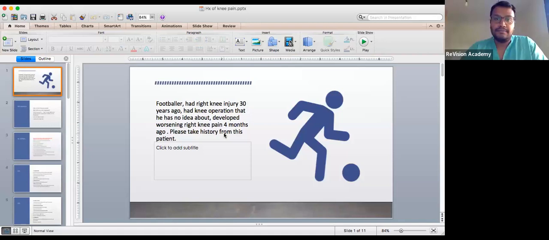I'll just be sharing the screen. Right, so we'll start with the history taking session first. Okay, so let me just share the screen and I'll start the time now. That's just 1 minute reading time. So I'll just share the screen first and then let me know if you can see the screen. All right, can you see the screen?